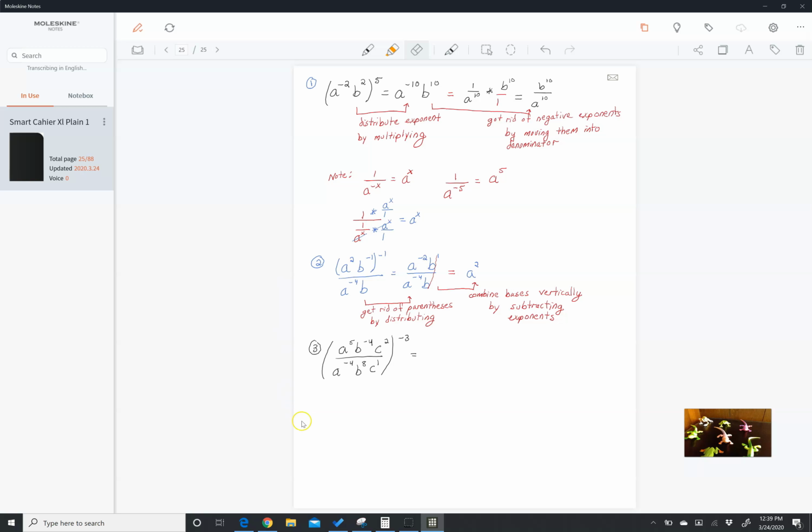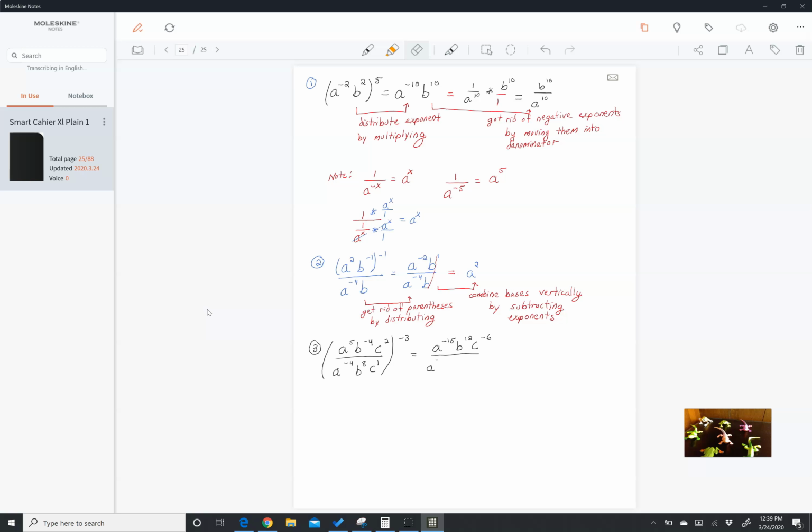Okay, and notice everything here is being raised to the -3, whereas up here, only the top was being raised to the -1. So we have a to the -15, b to the +12, we're multiplying. Do not add and do not raise to an exponent. So don't do 2 to the -3. You're doing 2 times -3.